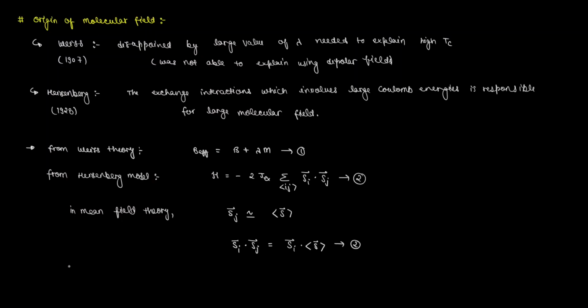Therefore, equation 2 will become minus 2 J exchange, summation of i from 1 to Z, Si dot average value of S. Here Z represents the number of nearest neighbors.